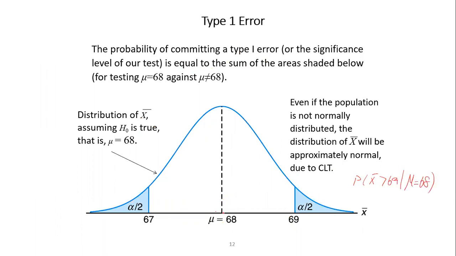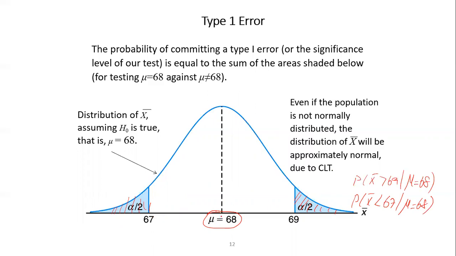So it's given that, which means the probability distribution has a mean of 68. So the probability x bar greater than 69, it's here. And the probability that x bar is smaller than 67, given that mu is equal to 68, it's here as well. So the sum of them is equal to alpha, which is the significance level.